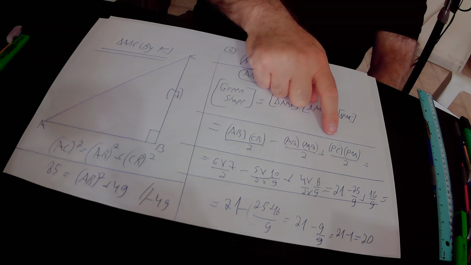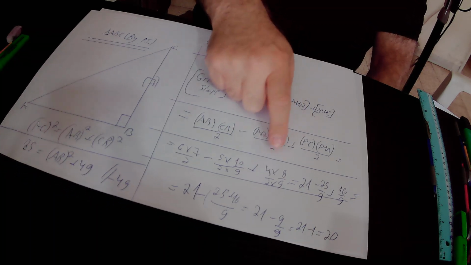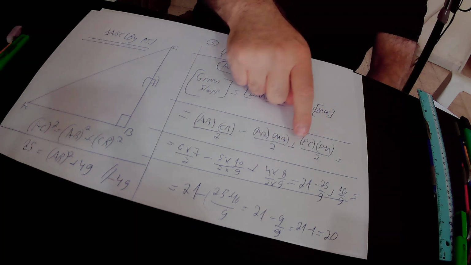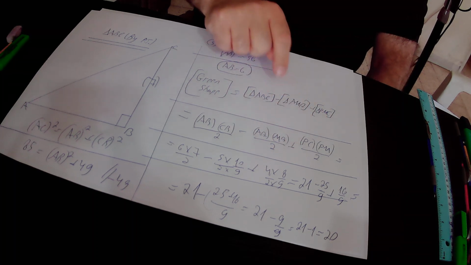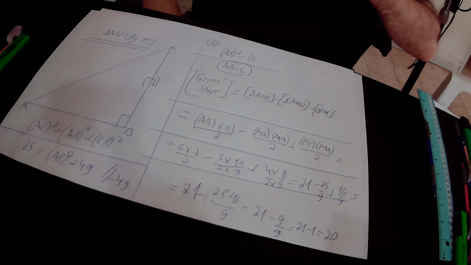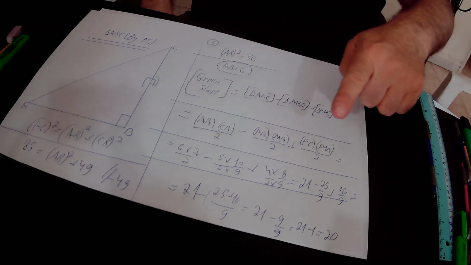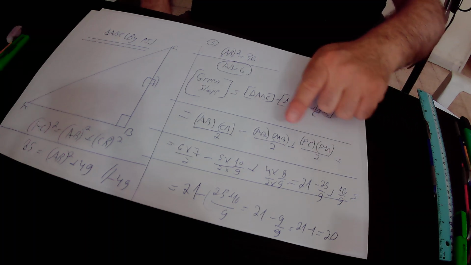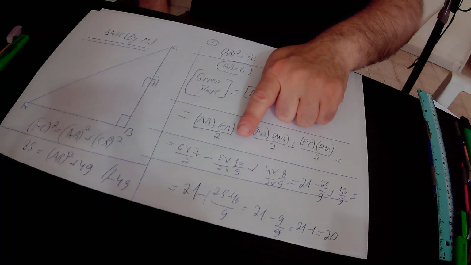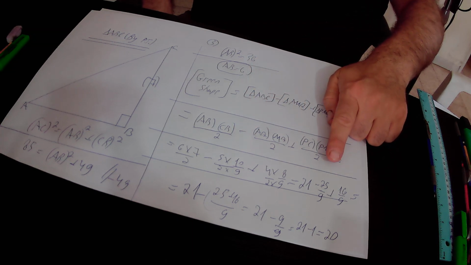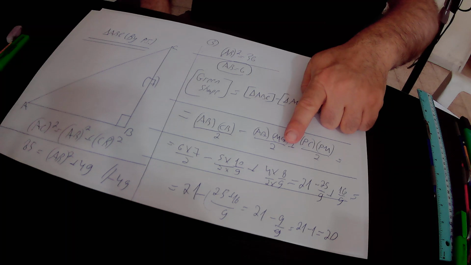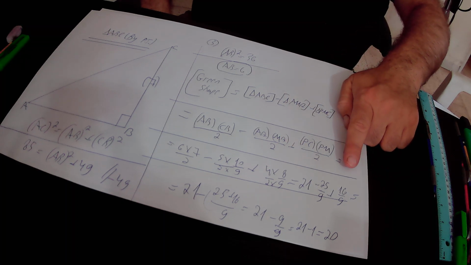This equals PC, which is 4, times PM, which is 8 ninths, divided by 2. So in conclusion, the area of the green shape equals 6 times 7 over 2, that is 21, minus 5 times 10 over 2 times 9, that is 25 over 9, plus 4 times 8 over 2 times 9, which equals 16 over 9.